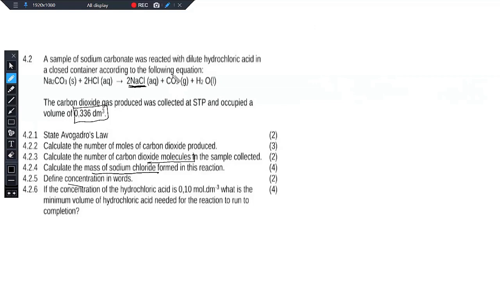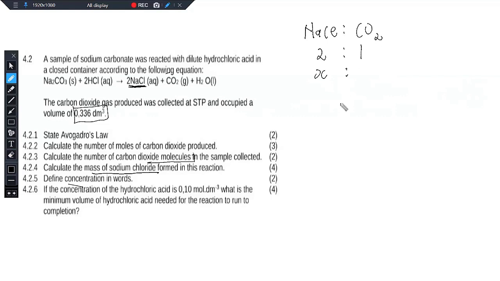We have calculated carbon dioxide, the number of moles. But if we want to calculate the mass of this, we need to compare the ratios so that we find the number of moles of the sodium chloride. So we can say, what is the ratio of sodium chloride to the carbon dioxide? And then from our coefficients, this is where we get the ratios. So we'll say it's 2:1, right? But then what is the number of moles of the sodium chloride? We don't have. That's what we are looking for.